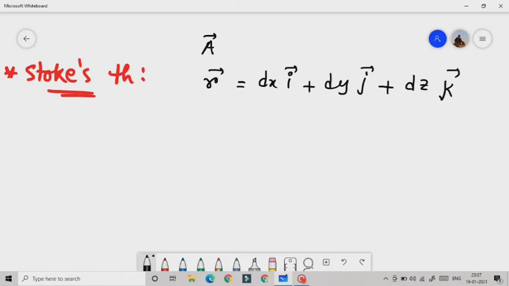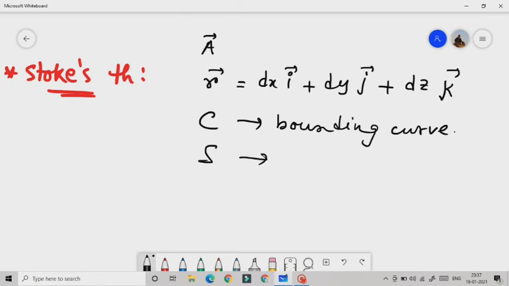Suppose the boundary of the region you are considering is C, the bounding curve. You are considering the surface S, volume V, and the bounding curve is given by C.